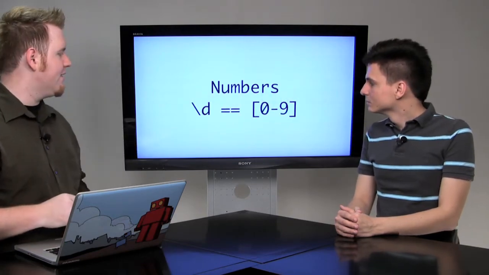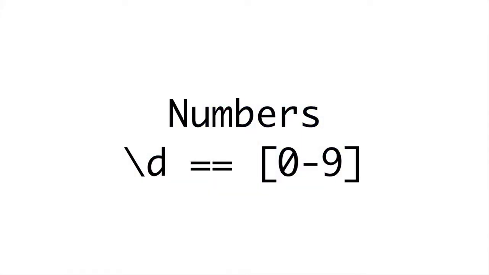Next we have character classes, which are special shortcut characters that represent a specific set of characters that you might want to match. The first one we're going to look at is \d, for numbers, and the \d represents the numerals 0 through 9.